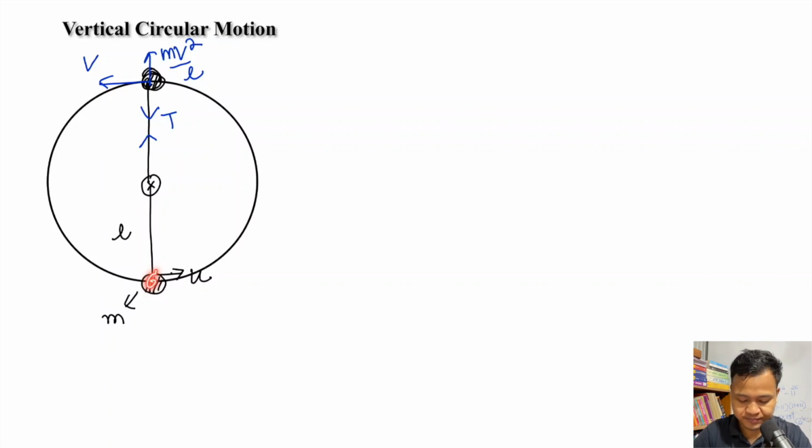At the topmost point of the full circle, outwards you have mv square by l, and tension acts on the object, and you will also have mg here. In the free body diagram at the topmost point, downwards you have mg and tension, and away from the center mv square by l.